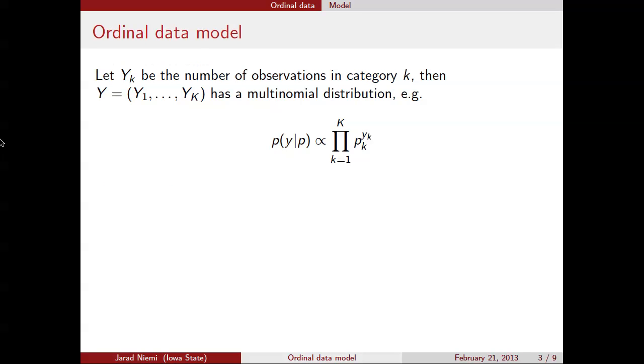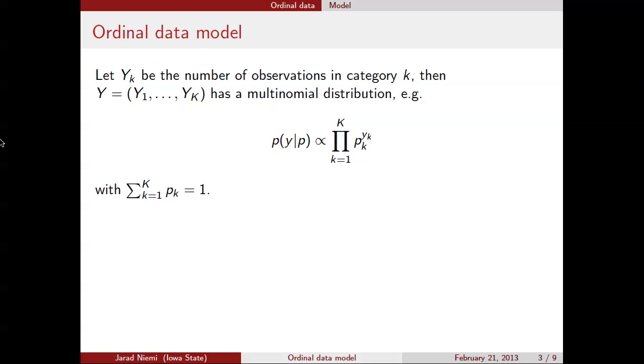The only restriction on this model is that the sum of these probabilities of which category you pick sum to 1. Every observation we see can only be in one of the categories.